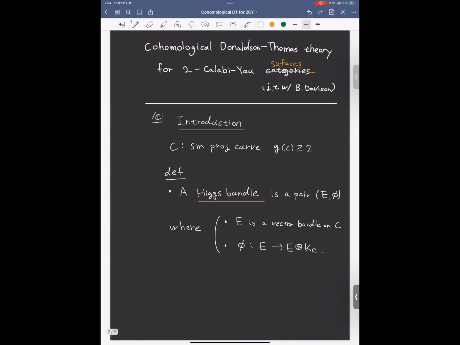And we say that a Higgs bundle is semi-stable if the following condition is satisfied.